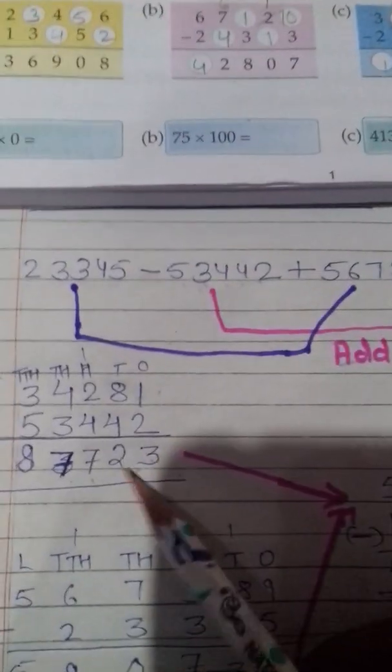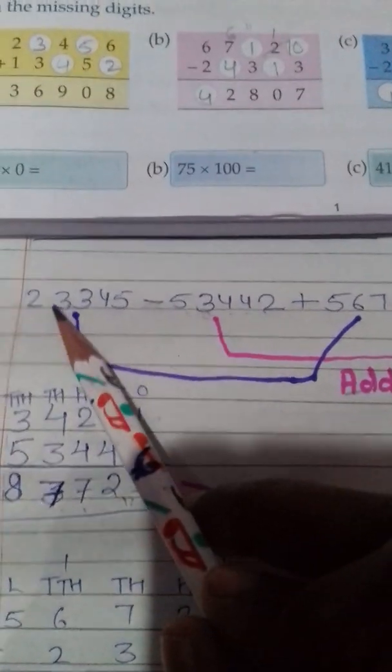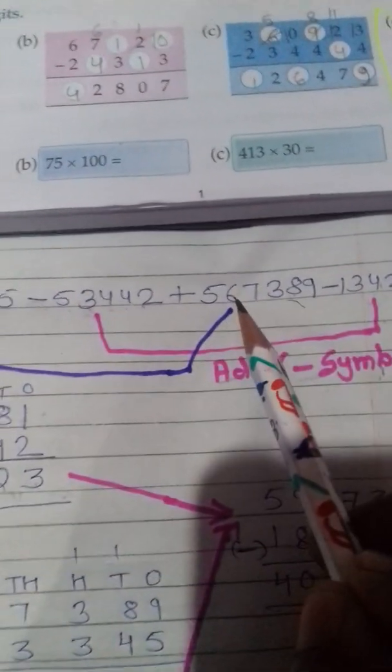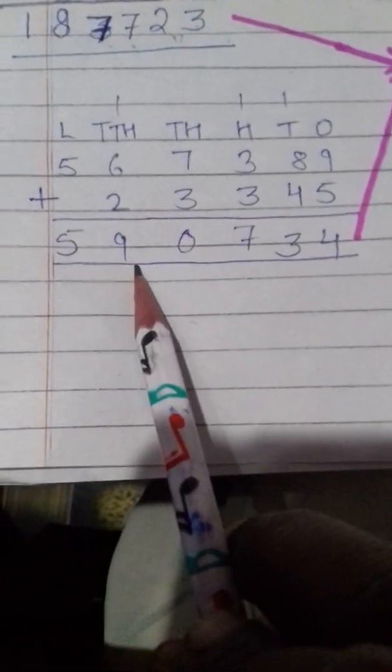Now again what will we do? Whatever numbers are left, see this one and this one, plus symbol. So we will add these two numbers together. Here again according to their place value I have added, and I have got 590,734.